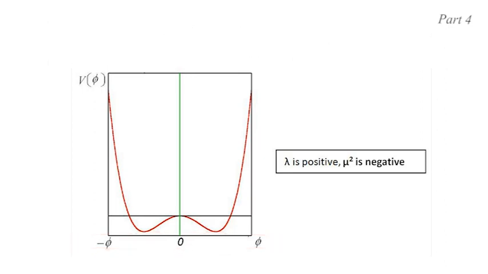Remembering, however, that the new phi that we're moving over to is now complex, it shouldn't surprise you that if, as before, we take lambda to be positive and mu squared to be negative, the values that gave the bump in the middle, then the potential for the new and complex field phi will give, instead of a single axis at the bottom, a plane, and instead of a red line above the phi axis, a red surface above the phi plane.